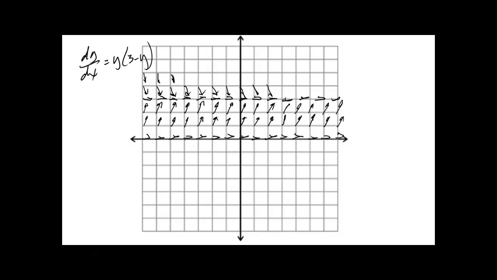So let's go below, like negative 1. Negative 1 times 3 minus a minus 1, which is 3 plus 1 is 4. So that's another negative 4 here. Really steep negative slope here, just like we had above.